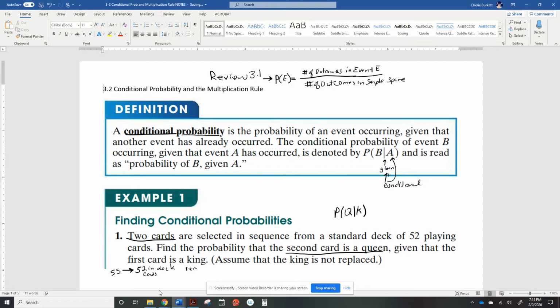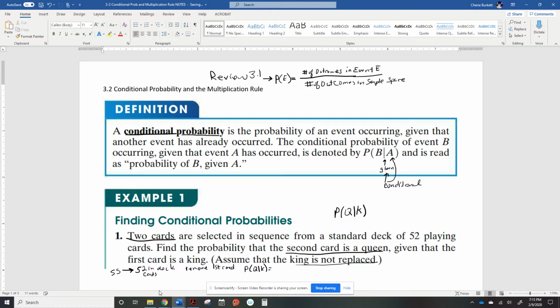I'm going to remove that first card. I'm not interested in the probability of what happens with that first card, but I've removed it. And notice right here they said that the king is not replaced. So I took the card out of the deck and I did not put it back. And then I drew my second card. So I no longer had 52 cards in the deck when I was looking for the probability of drawing a queen, given that the first one was a king.